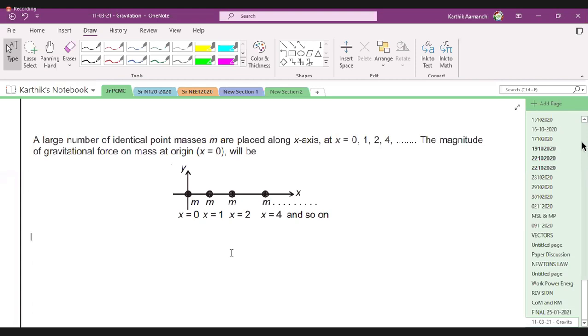So 1 by 4, 1 by 16, it's in a GP. So 4/3 GM times 1 by 1 minus 1 by 4, which is 4 by 3. So yeah, it is 4 by 3 GM.